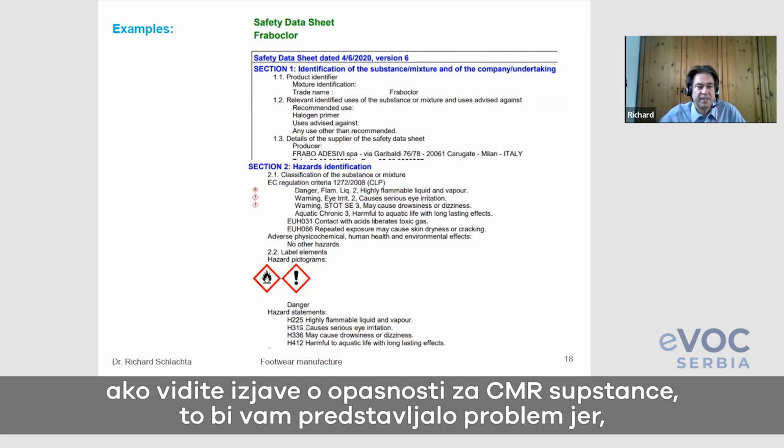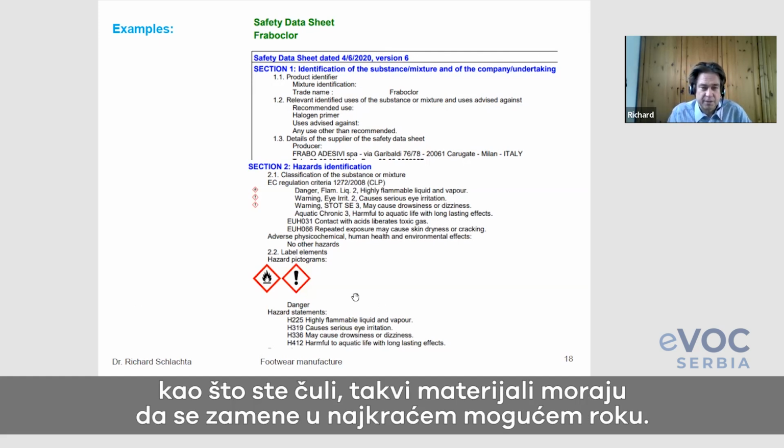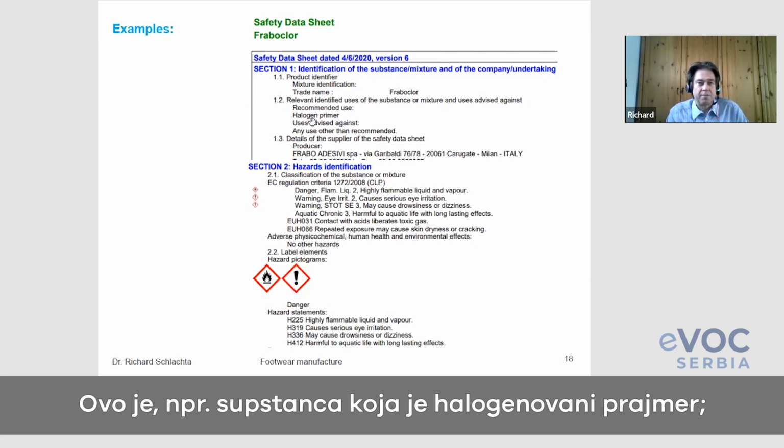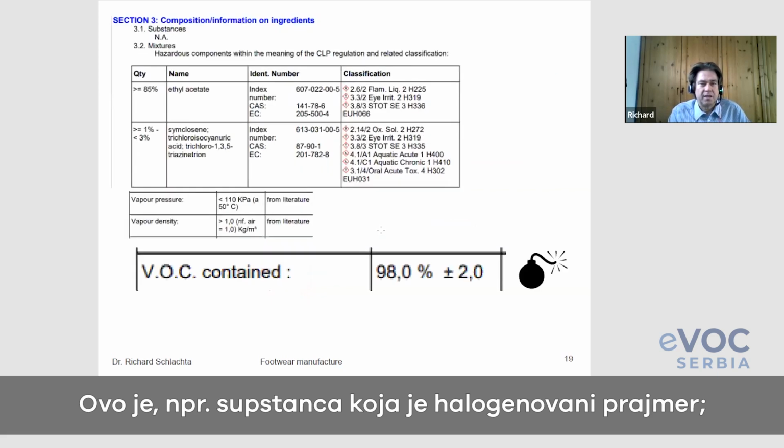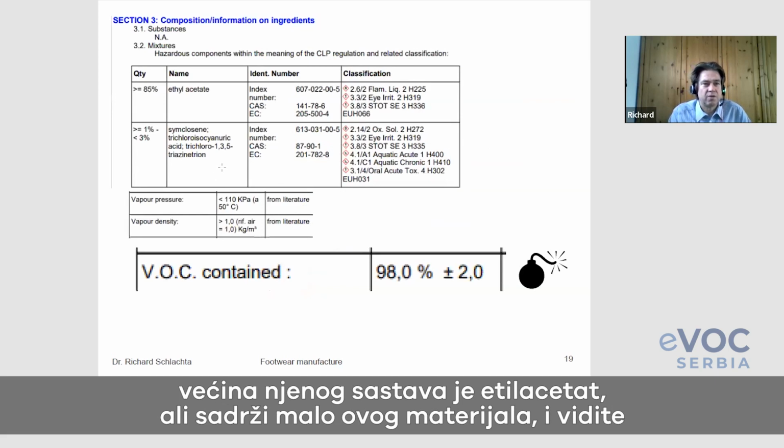If you see a hazard statement for a CMR substance, that would cause us problems, because such material, as you heard, must be substituted in the shortest possible time. So that is the way, for example, that is a halogenated primer substance. And then we can look at what's the reason.